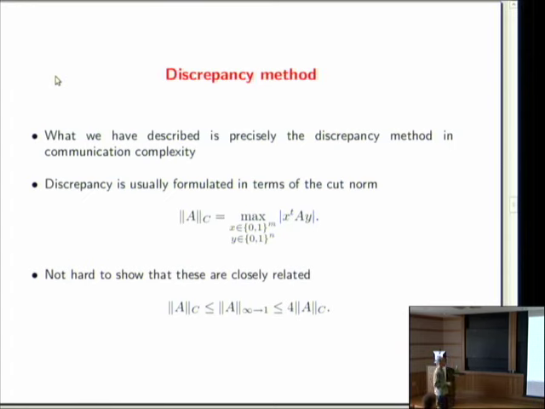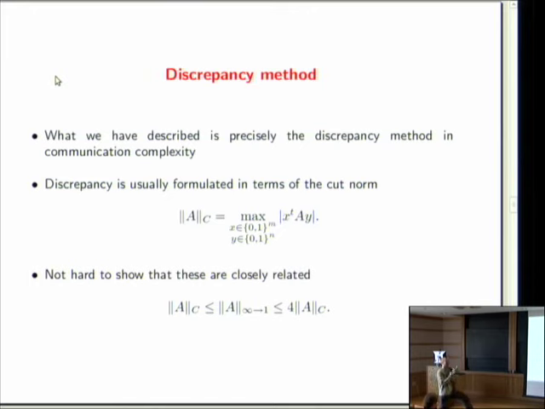Okay, so as Avi said, the discrepancy is essentially the same as the infinity to 1 norm. The only thing is that instead of taking the max over plus minus 1 vectors, you take it over 0, 1 vectors. So the discrepancy is exactly just the cut norm of your game matrix Hadamard product with a probability distribution.